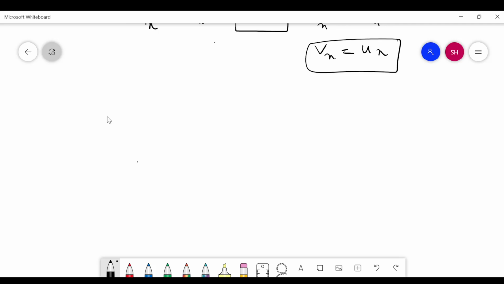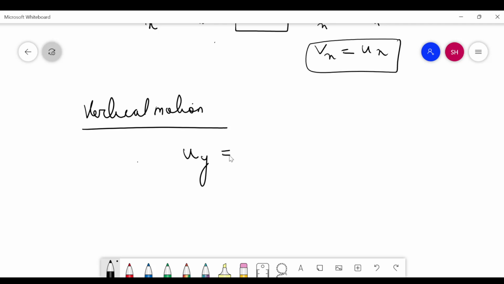But in the vertical motion, the initial uy is given as u sin theta, and here the acceleration is minus g because we are taking this as the positive y direction.